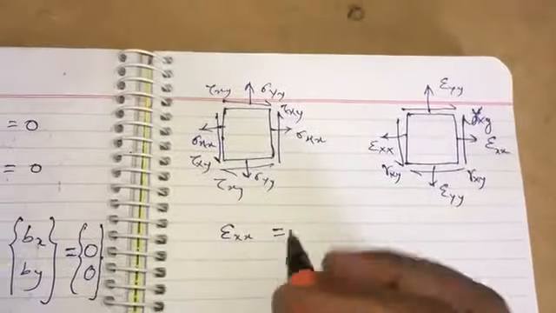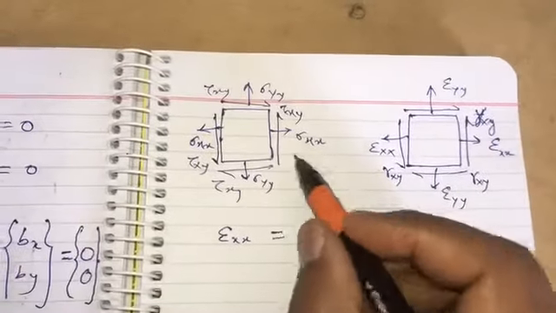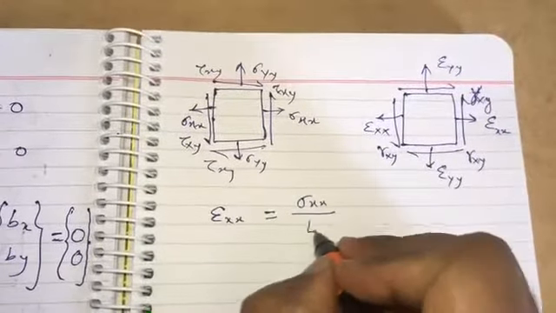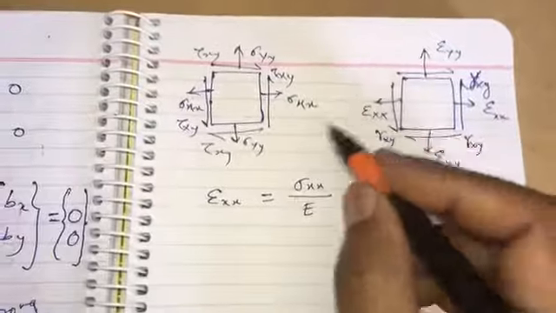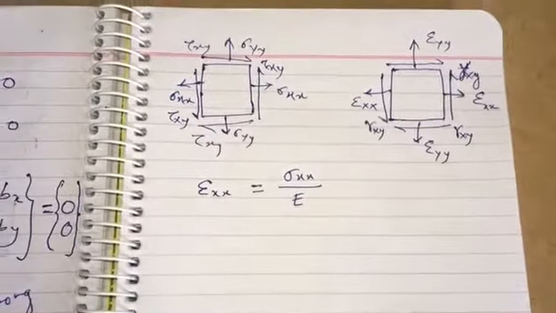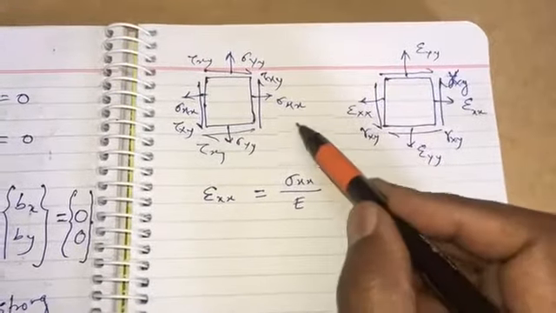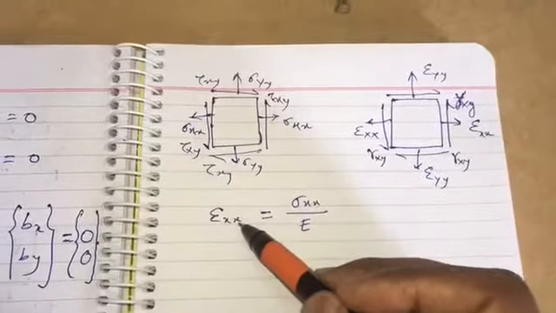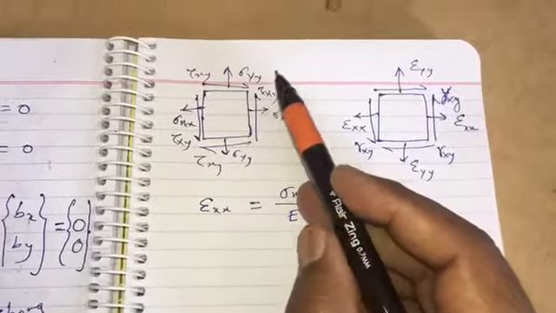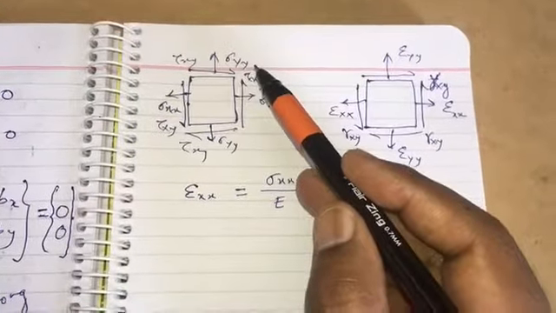So epsilon xx will have a first component because of sigma xx. So we can directly write sigma xx over E. Again, this derivation we are doing for an isotropic case. After this, epsilon xx will also be because of sigma yy, and the relationship will have a Poisson's ratio there.